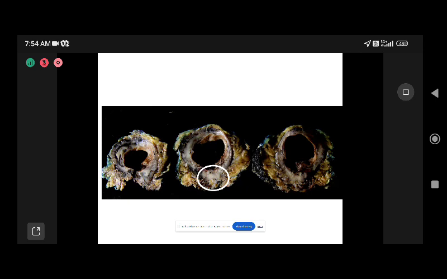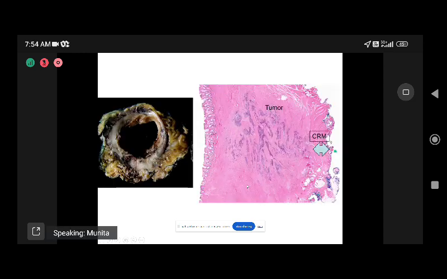So this selection of the slices for ultimately histopathological evaluation is very crucial. All the slices where the tumor is going very close to the serosal surface or to the CRM are finally picked up and evaluated.